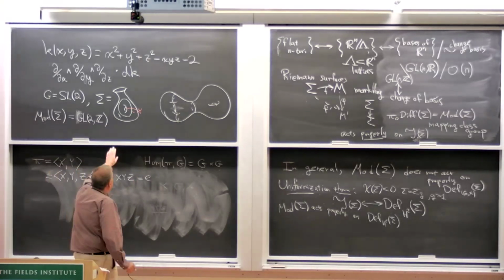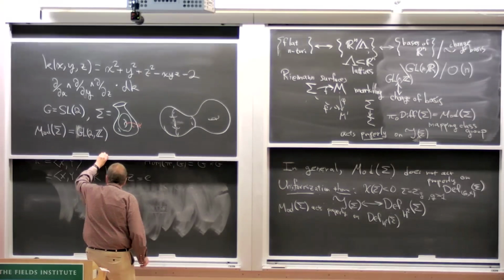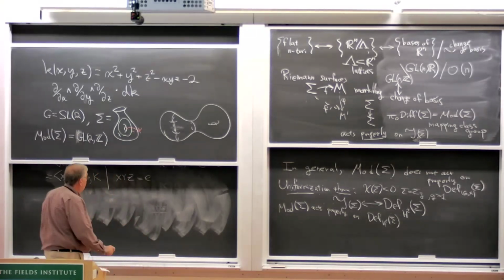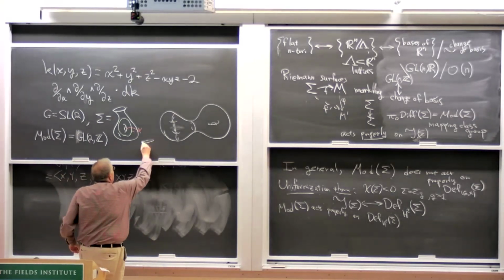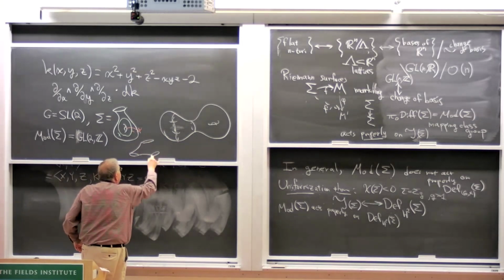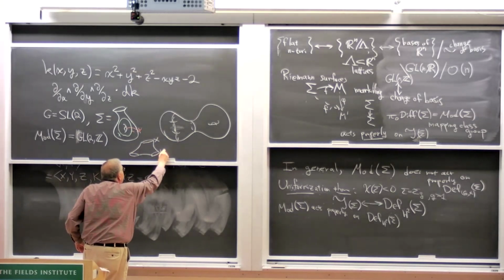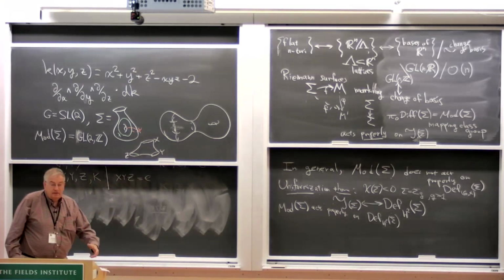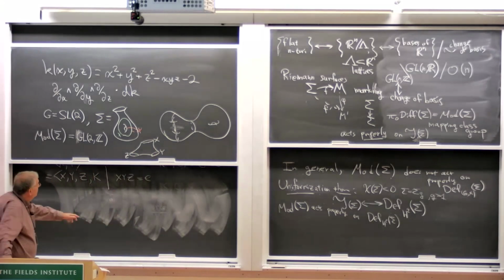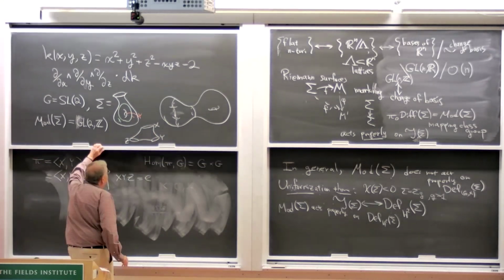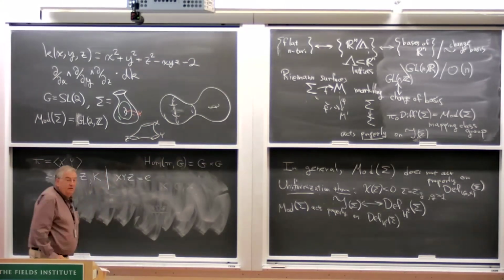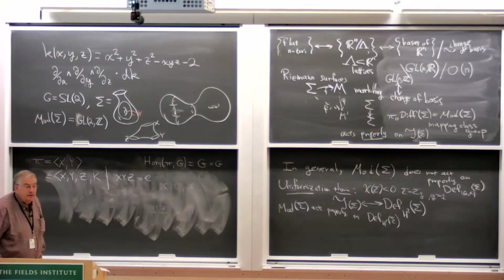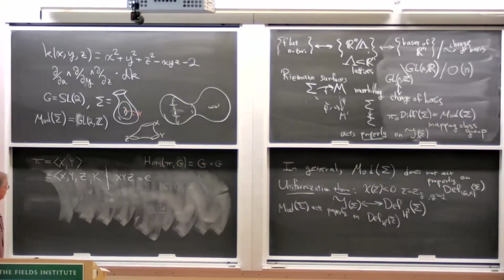Now, you may recognize this is the relation for a pair of pants or a three-hole sphere where the boundary components correspond to based loops once you make some choices, which define the relations for another redundant presentation of the fundamental group of the three-hole sphere.